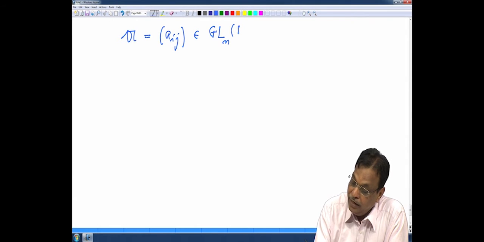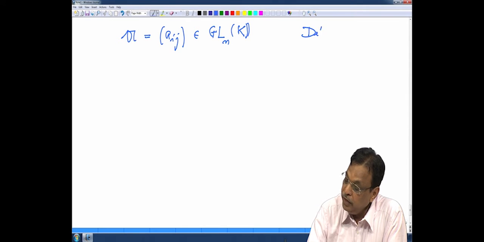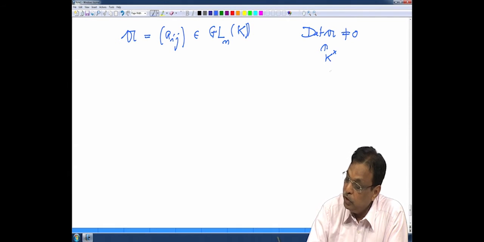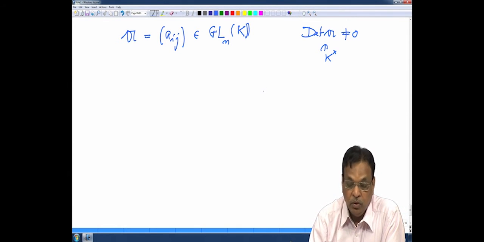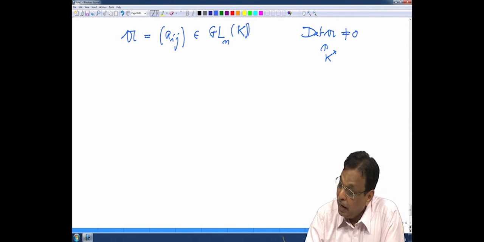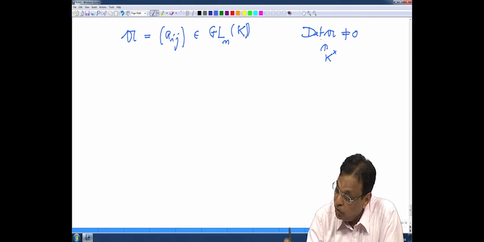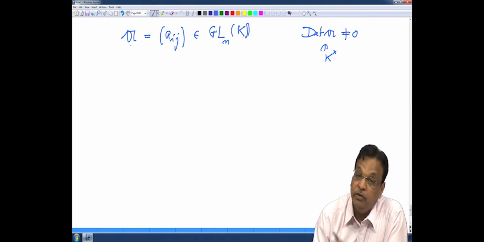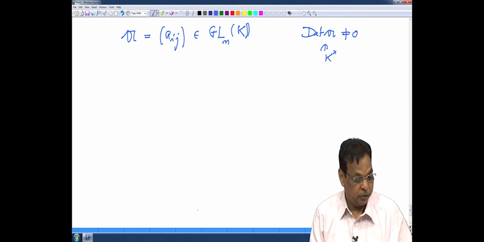And how do we check that? For this, checking is easy. We just compute the determinant of A and check that determinant of A is non-zero. That means it is an element in K cross, and we know that if the determinant is non-zero, then the matrix is invertible. This we already noted earlier. Having noted this, we want to write the inverse explicitly in terms of the entries of A.